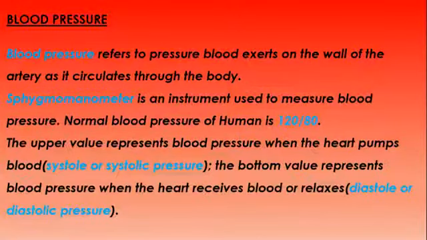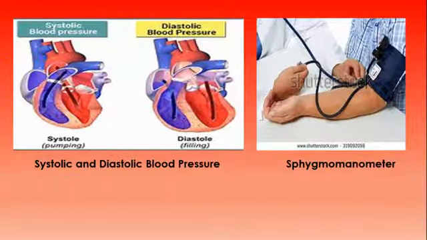Now, let us look at a picture of systolic blood pressure and diastolic blood pressure. So as you can see in the picture, this is the condition of the heart when it is pumping blood. You can see the ventricle chamber of the heart. Remember, it pumps blood. And in this form, we say the pressure is called systolic.